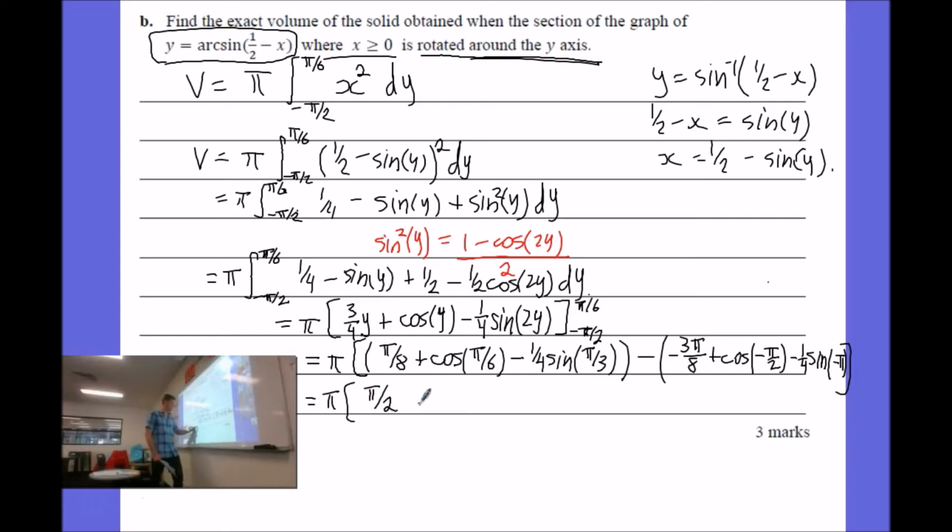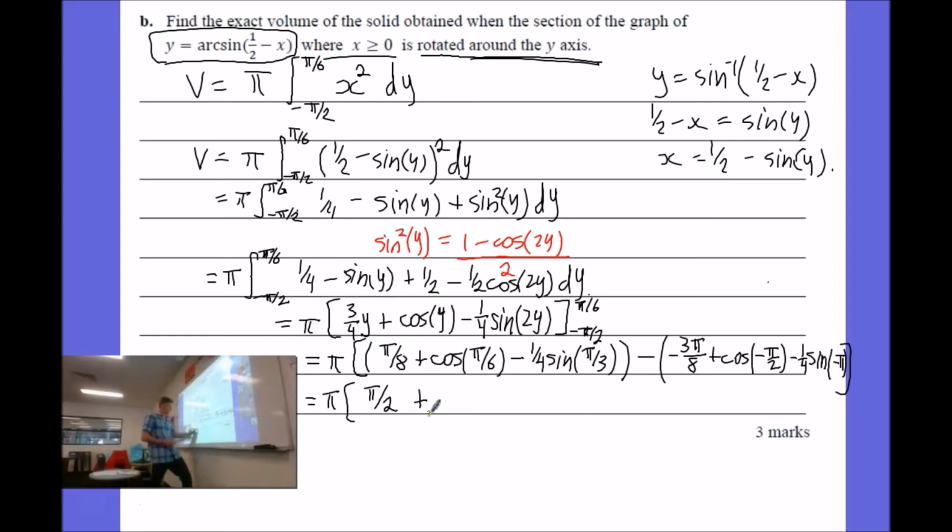And then plus pi on 6, cos of pi on 6, well, that's root 3 on 2. That one goes to 0. That one goes to 0 as well, so that's good. Sine of pi on 3, well, that's also root 3 on 2.